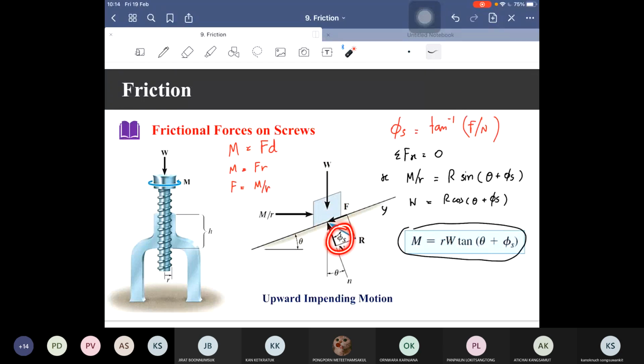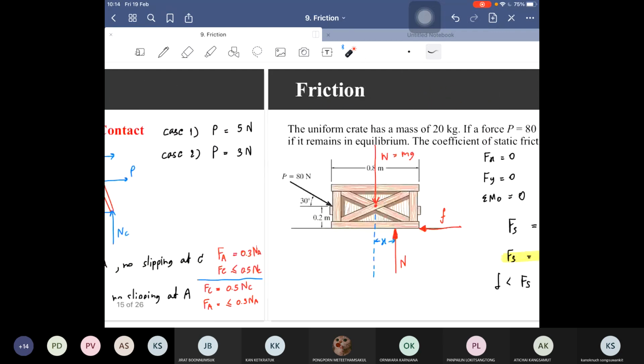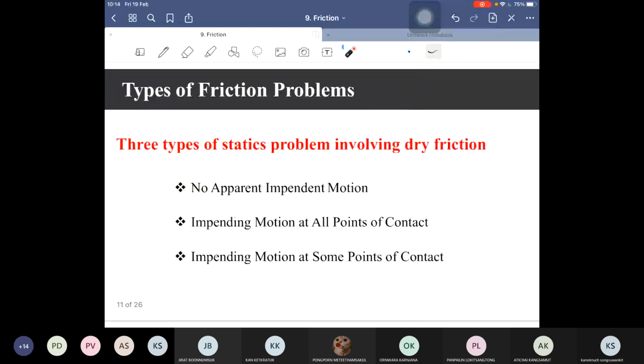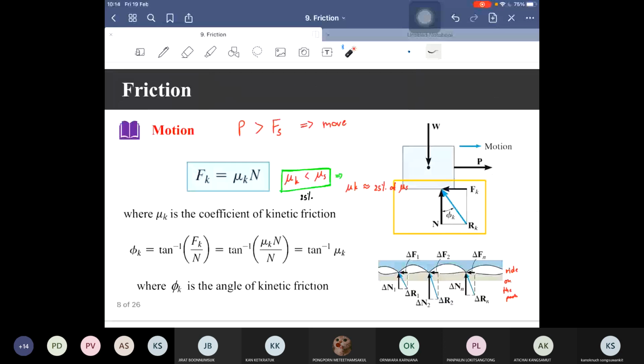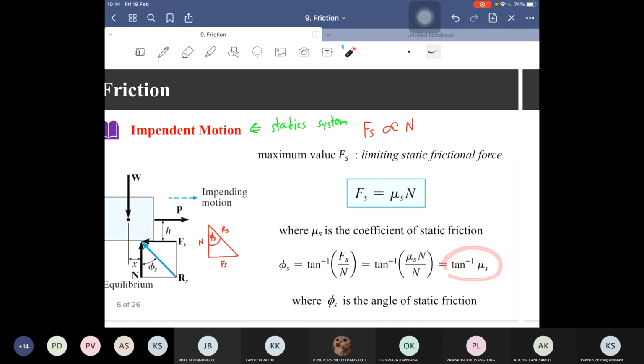So we can find phi s by, okay, let's just go back to this page. The phi s, or the angle between the normal force N and the resultant force R, can be found by just using arctan of the coefficient of static friction, arctan mu s.